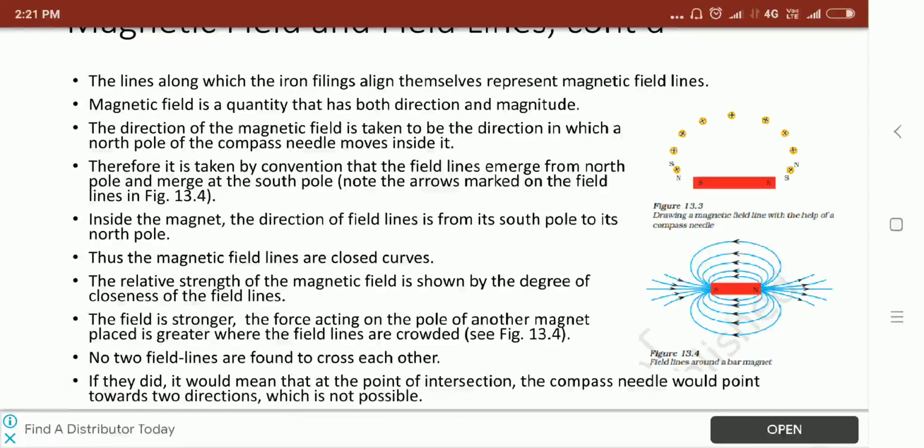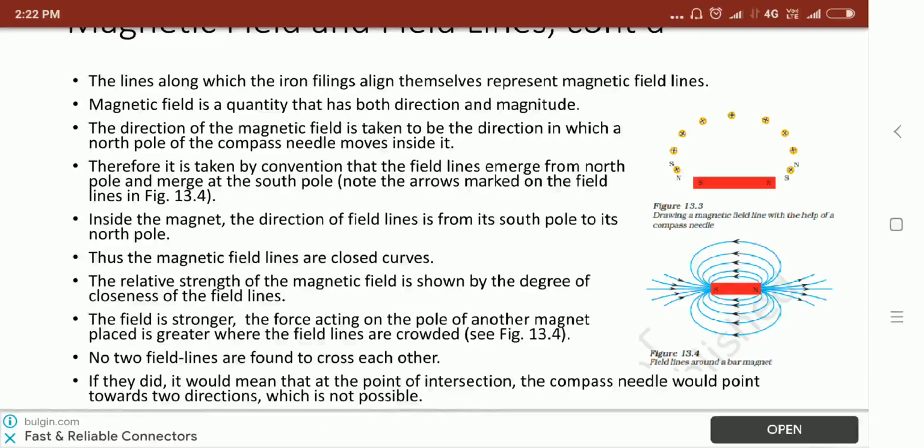Magnetic field is a quantity which has both magnitude and direction. Force is the magnitude, and the line passing through it gives the direction. The direction of the magnetic field is taken as the direction in which the north pole of a compass needle moves in it.